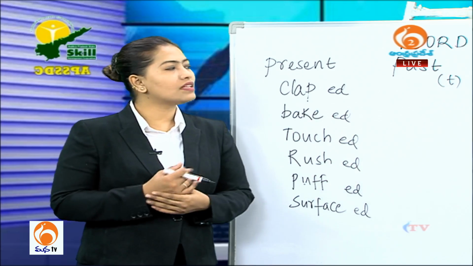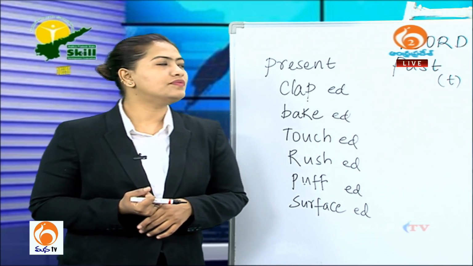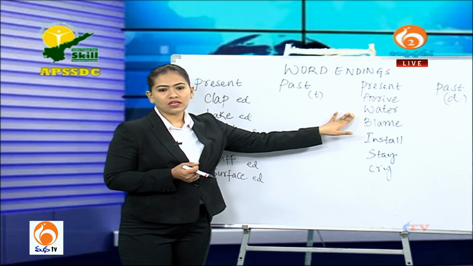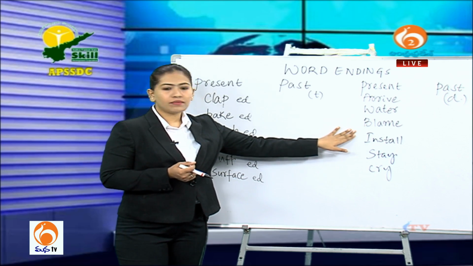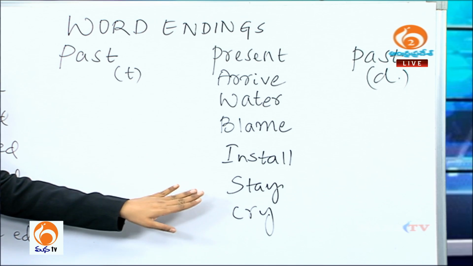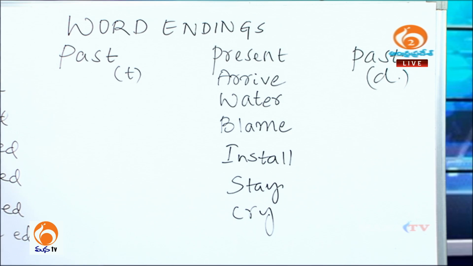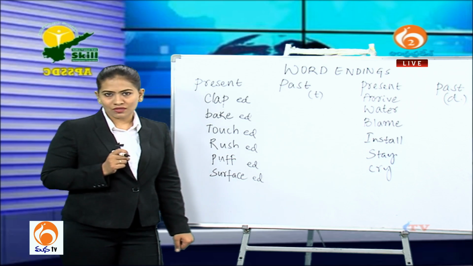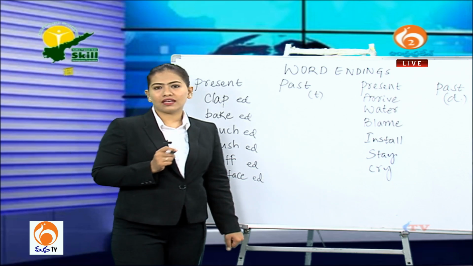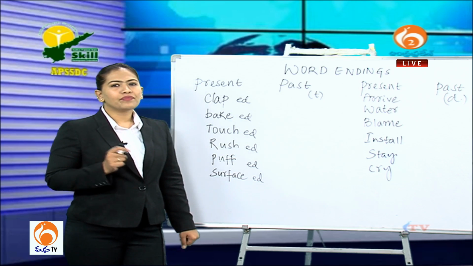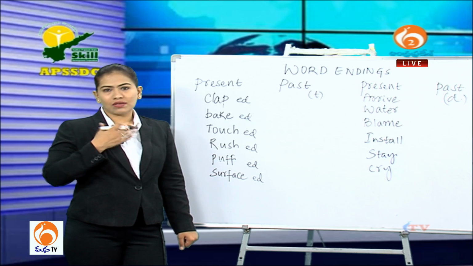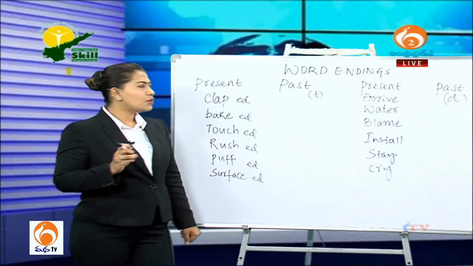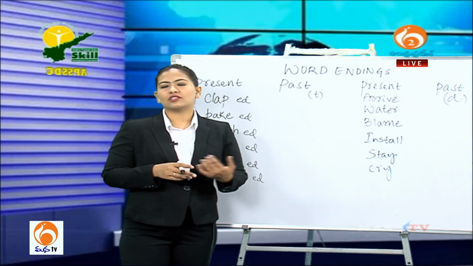Similarly, when we look at the other set of words that we have for today, that is words such as arrive, water, blame, instill, stay and cry. Keeping these words in mind, like I said, word endings follow a certain specific rule. In case my word ends with a voiced sound, where I sense a vibration, then I simply follow one rule, which is that I take the pronunciation as d.